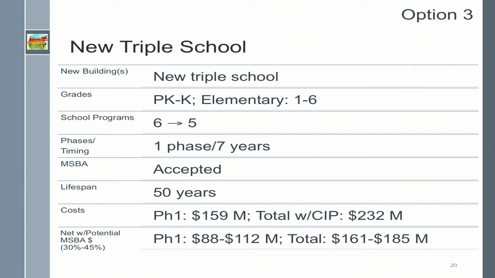Now, when we've talked about this option in our other forums, we do get questions about traffic concerns of putting a large 3-school building on the Gates property. As you know, the Gates School is currently located in West Acton Village.